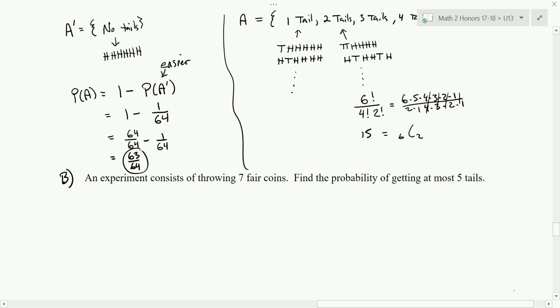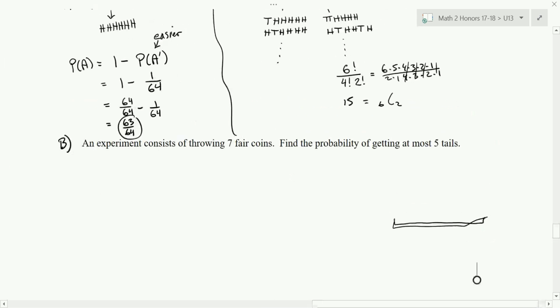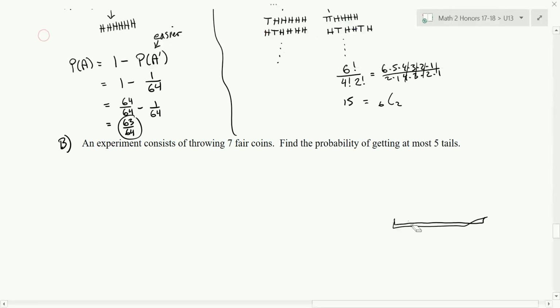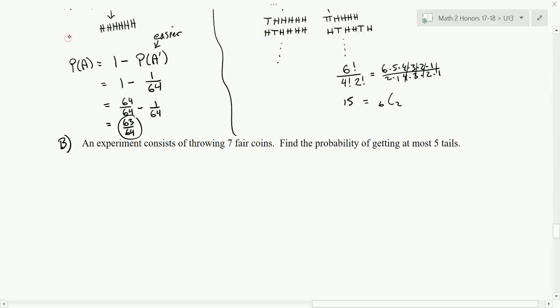Okay. So on B, getting at most 5 tails is what we'll call event A. Then what does that mean? At most 5 tails.